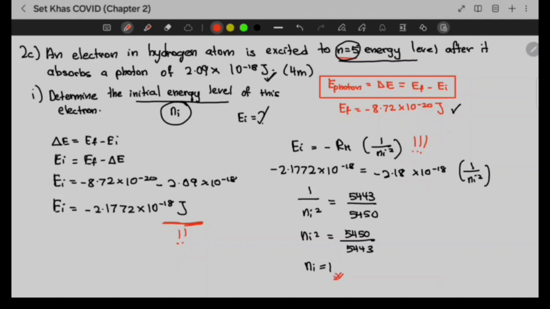I have to remind you that sometimes students forget to put the square during the calculation, and for the Rydberg constant there will be two different values. So which value to use? There is one with 1.097 times 10 to the power of 7 per meter, and another one is 2.18 times 10 to the power of negative 18 joules. So how do we know which one to use?